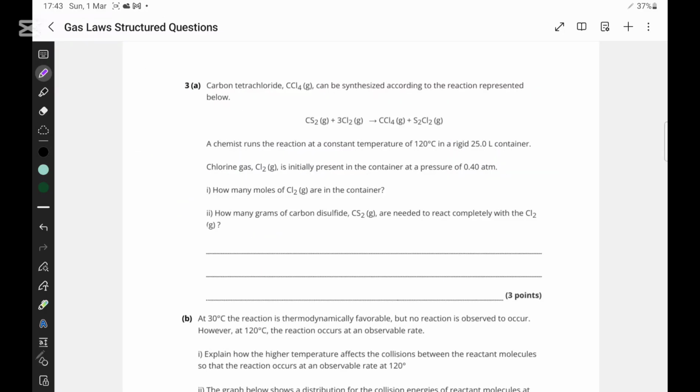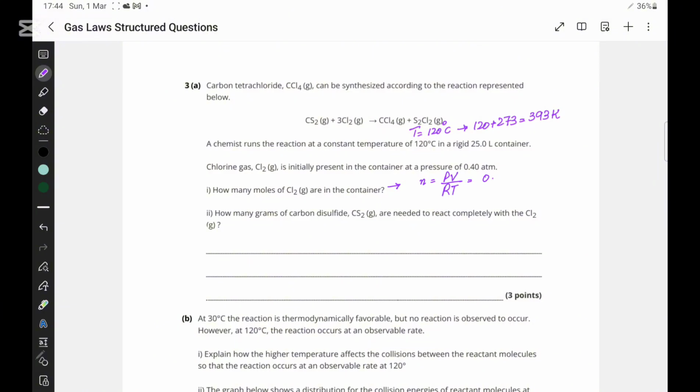So in this question they are saying carbon tetrachloride can be synthesized according to the reaction represented, and they have given us the temperature as 120 degrees Celsius, and we have to convert it into Kelvin. 120 plus 273 comes out to be 393 Kelvin. And then we have to first find the number of moles. Moles n is equal to PV by RT.